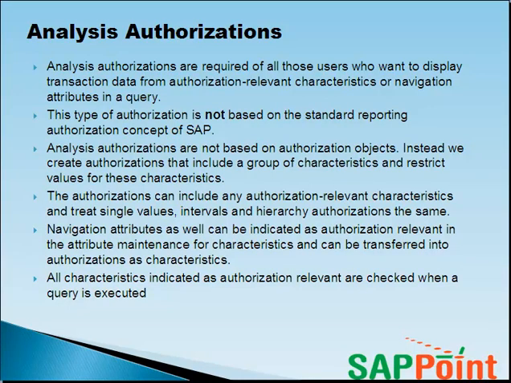are required of all those users who want to display transaction data from an authorization relevant characteristic or a navigation attribute in a query. What it means is, if you want to display the data for a company code or a sales organization or a cost center, those characteristics have to be made authorization relevant.